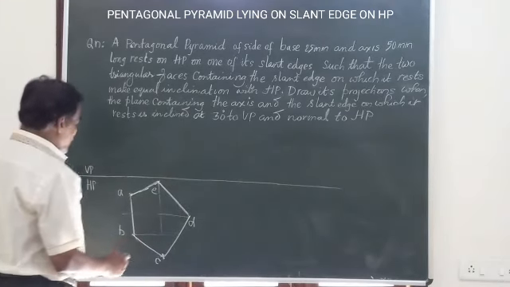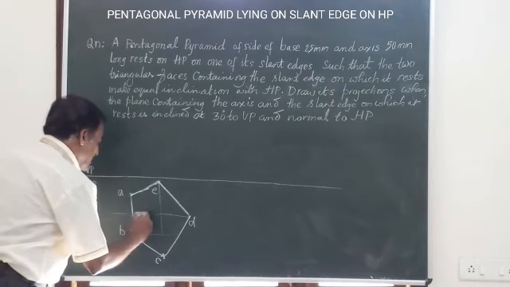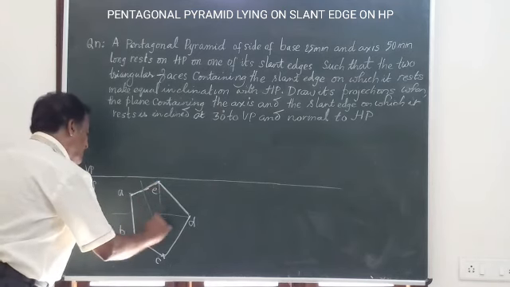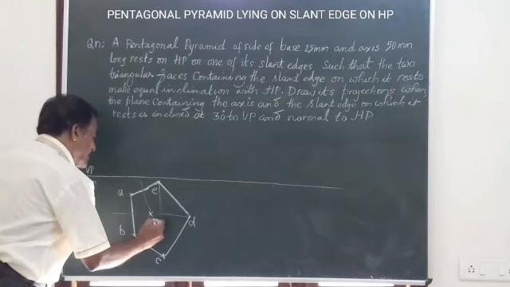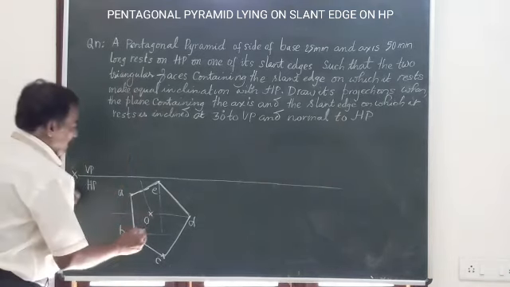Now I am going to locate the center of this base, that is by just taking the point of intersection of any two adjacent sides, that is AB's perpendicular bisector. Similarly here you have the other perpendicular bisector. I mark this as O, indicating the vertex.